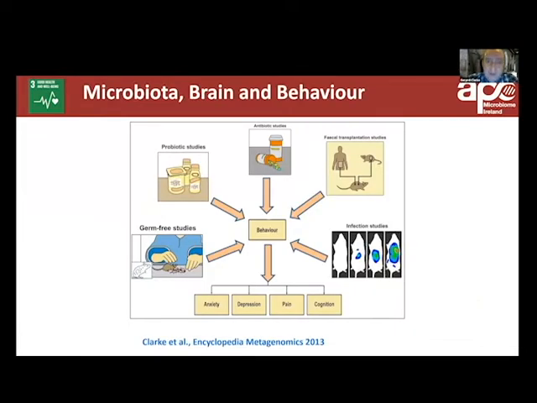So the approaches that have been taken to date relate to a variety of different experimental strategies which have indicated the extent and scope to which the microbiota impacts on different behaviors. A lot of these preclinical approaches are somewhat self-explanatory, but maybe the one that's worth exploring in a little more detail relates to the use of germ-free animals.